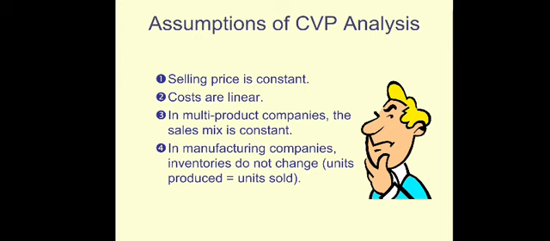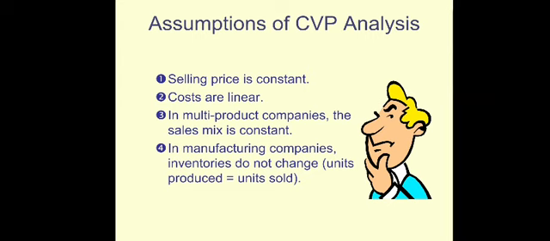And then number 4, the assumption is in manufacturing companies, inventories do not change. So we assume that in the analysis that we have done in this topic, all the units produced by a business can be sold. We assume that all the production units equal sales units.